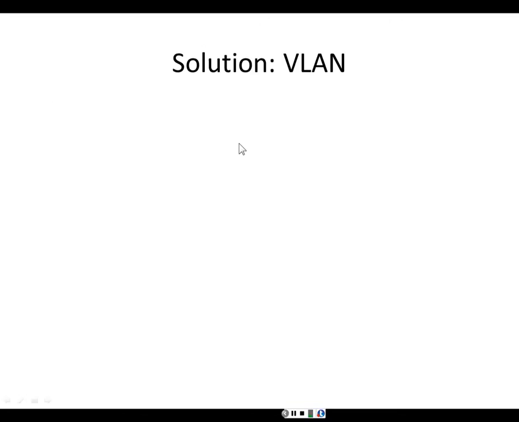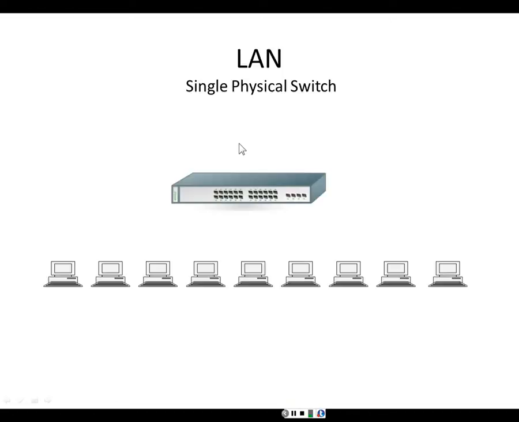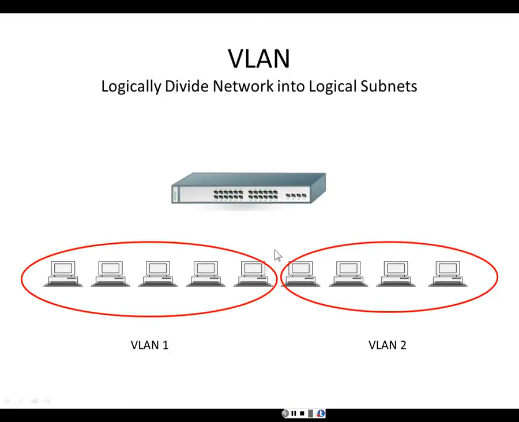And the answer is a virtual local area network. A virtual local area network is where we have a single physical switch, and we logically divide it into logical subnets, whereby these computers are on VLAN 1 and these computers are on VLAN 2.